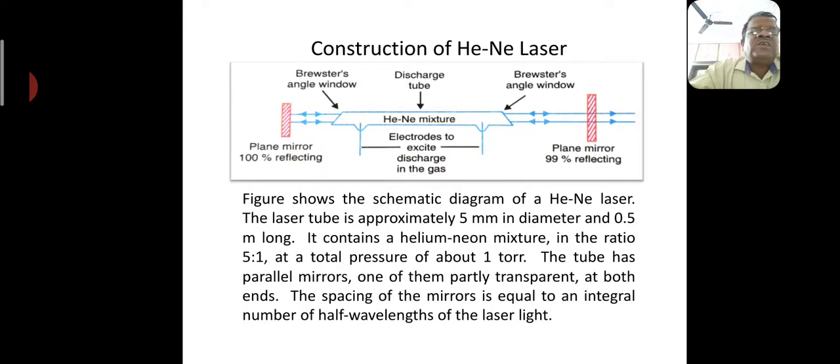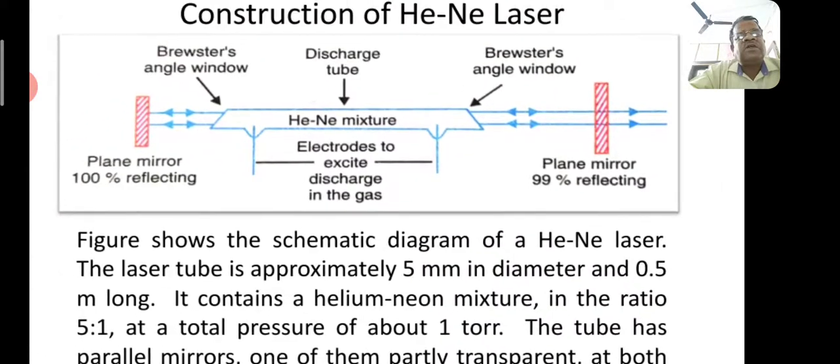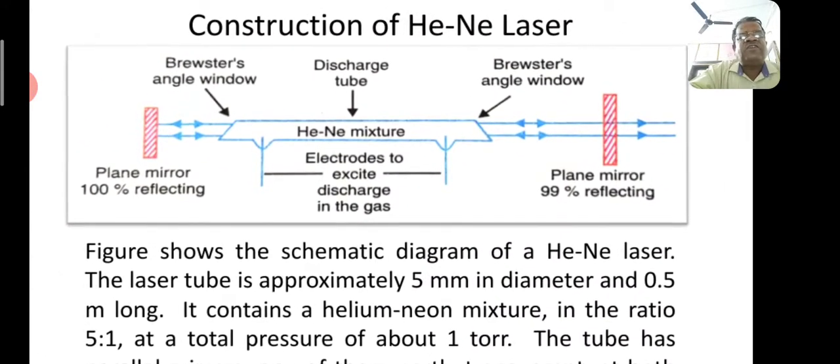See the construction of the helium neon laser. In the diagram, there is a discharge tube in which the helium neon mixture is there. There are electrodes. At the end, there are Brewster's angle windows and also two plane mirrors at the ends, 100% reflecting at one end, 99% reflecting at the other end.